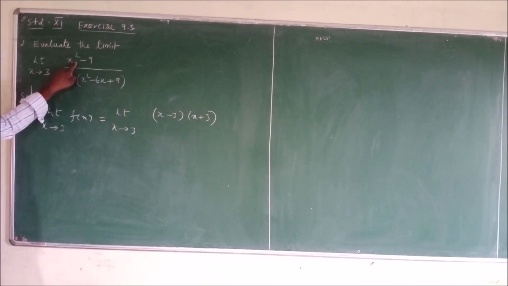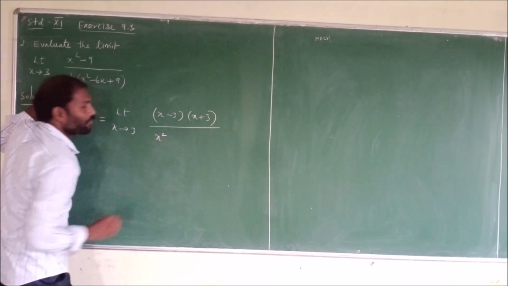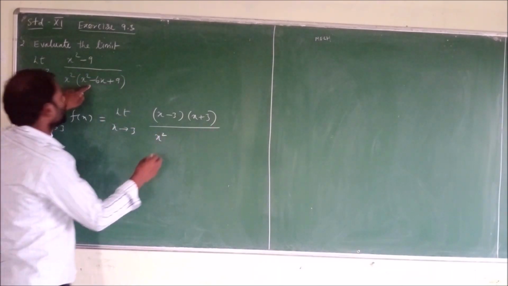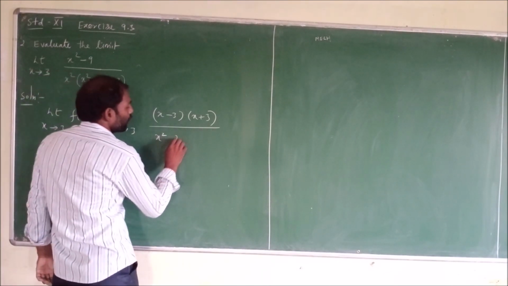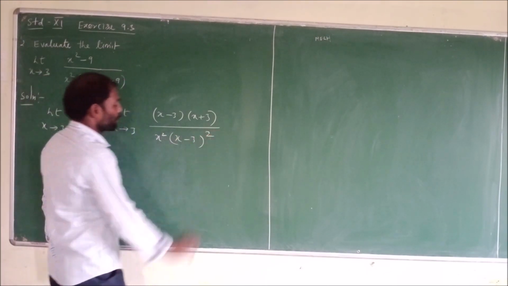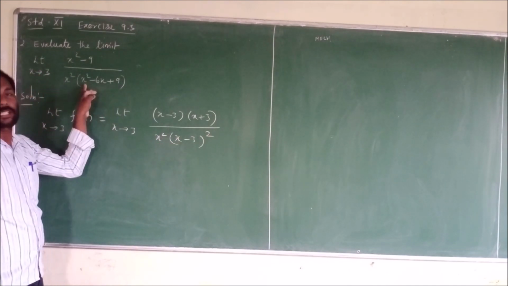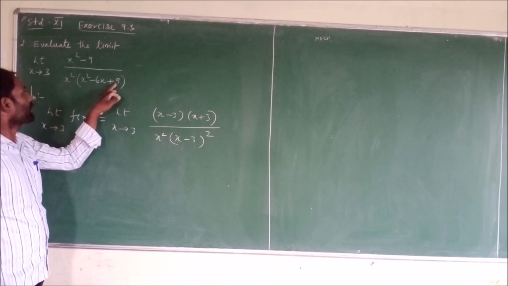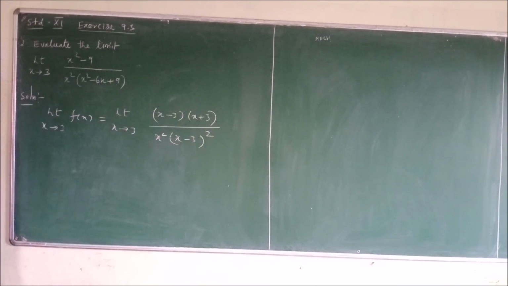The denominator has x square, which is not factorized, and the remaining term x square minus 6x plus 9 factorizes as x minus 3 whole square, since x square, b square 9 is 3 square, and the middle term is minus 6x. This is the factorization of the denominator term.